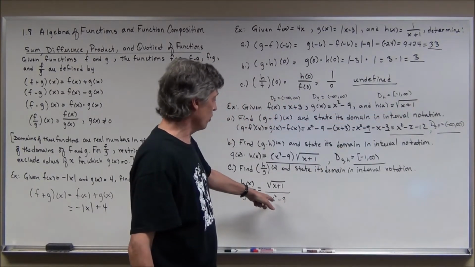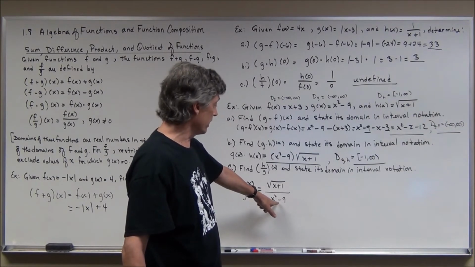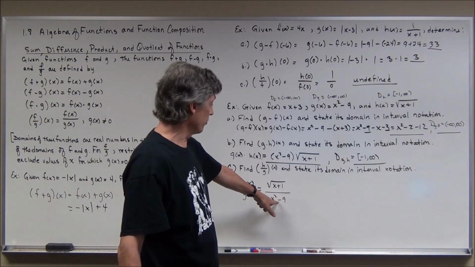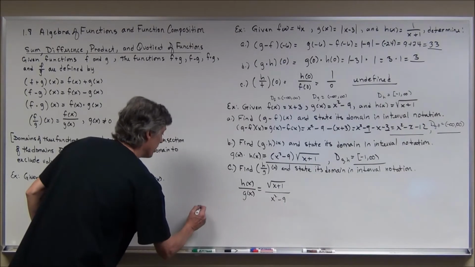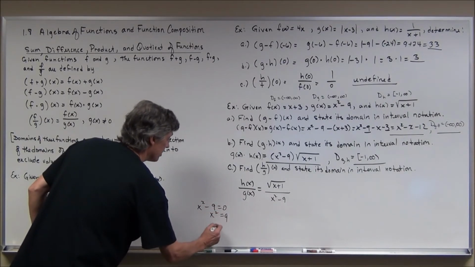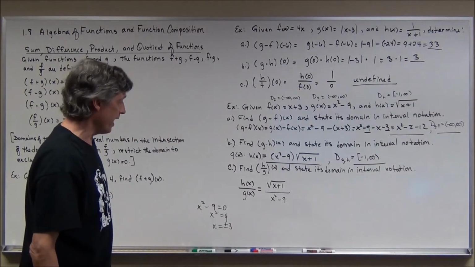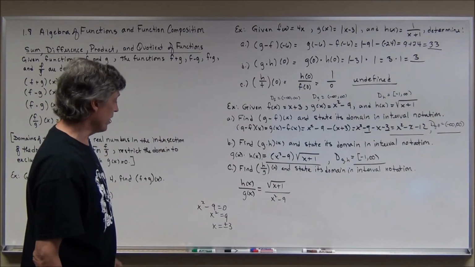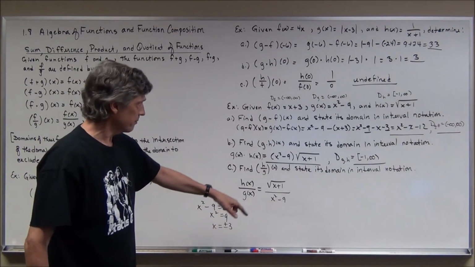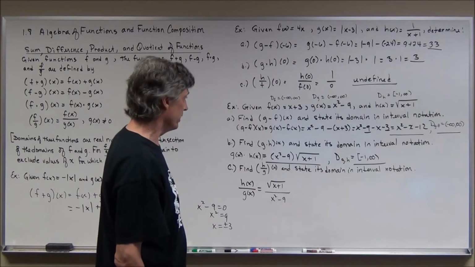Now this guy, its domain would be all real numbers, but you can see that there are two values of x that would make this equal to 0, 3 and -3. If we set x squared minus 9 equal to 0, we get those two values as well. So we'll have to throw those two values out. Now -3, I don't have to worry about it because it's not in the domain of h, but +3 is.